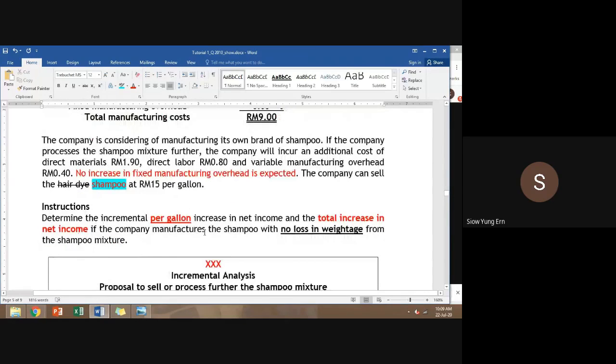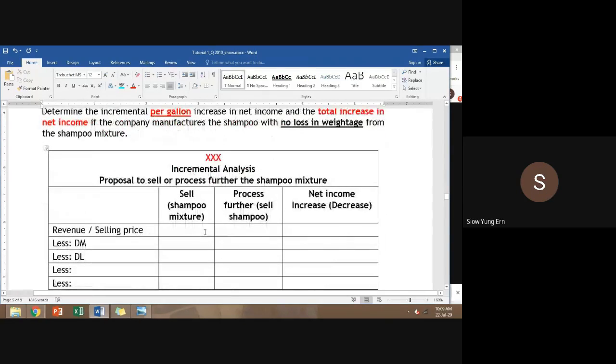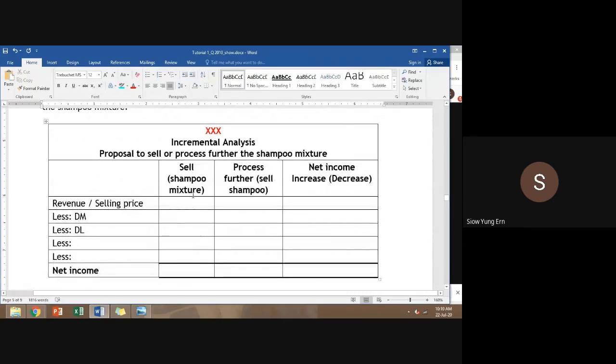Okay, so let's go through your incremental analysis. So as usual, please remember to put in your company's name. So you have incremental analysis. So proposal to sell or to process further your shampoo mixture.